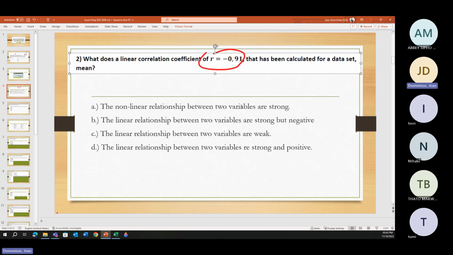A: non-linear relationship between two variables, strong. B: linear relationship between two variables, strong but negative. C: linear relationship between two variables, weak. D: linear relationship between two variables, strong and positive. So A, B, C, or D.